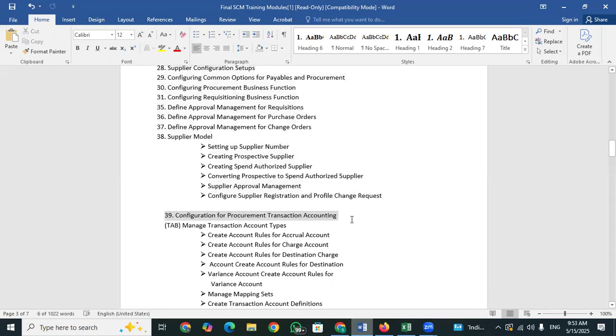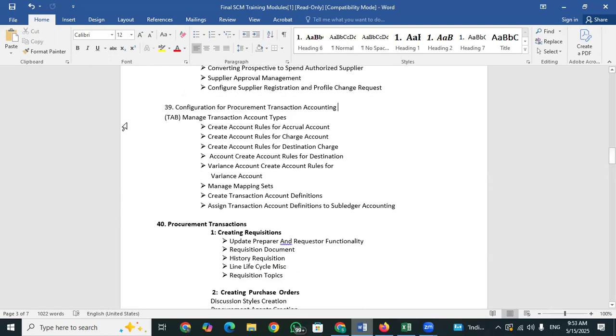After that, we have some transactional accounting, where we maintain which department is buying, which supplier we are buying from, and whether there is any variance from the purchasing side and the payment side. Those things come into the recording setups, one of the important functionalities in procurement.